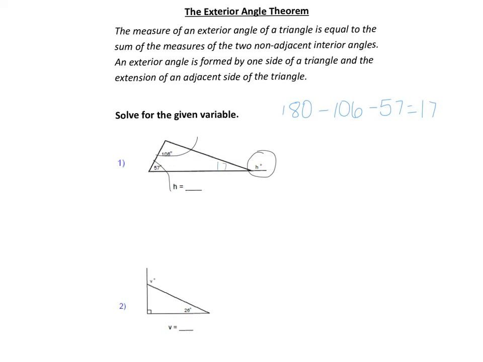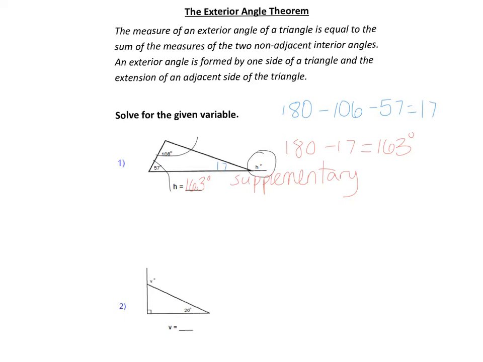We also know that because of supplementary angles, those two would be 180. So we would say 180 minus the 17, and that would give us 163 degrees. So we find out that H is 163 degrees.